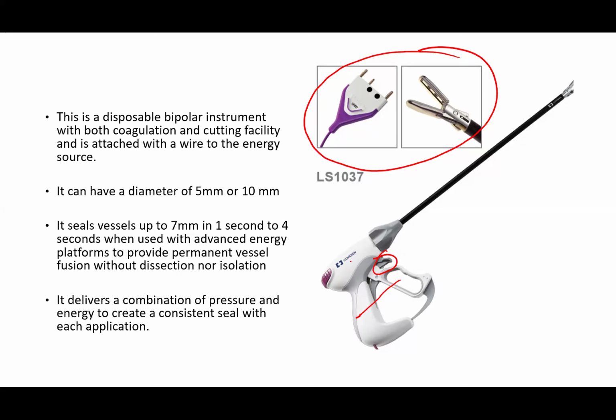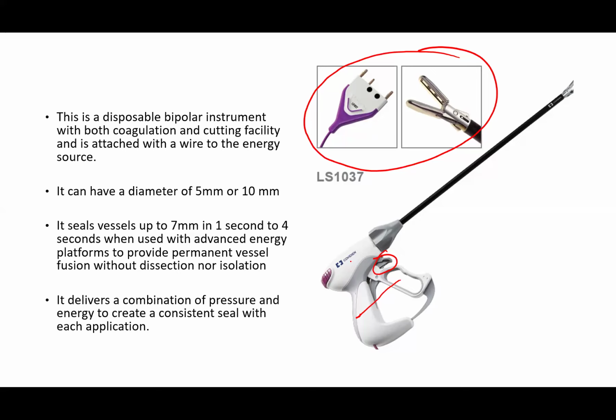You may be asked, what is the size of the vessel that is sealed by a conventional monopolar energy source? Okay, it's just 1 to 2 millimeter vessels. What is the size of the vessel that is sealed by a conventional bipolar instrument? That is just up to 5 millimeters.